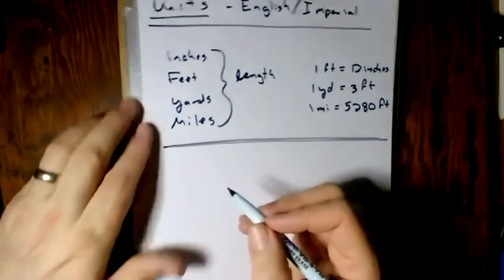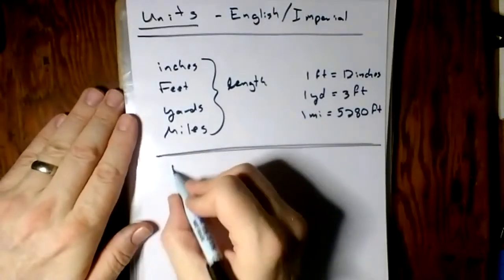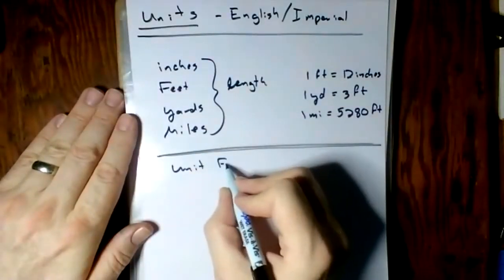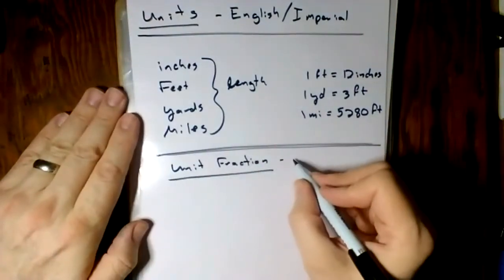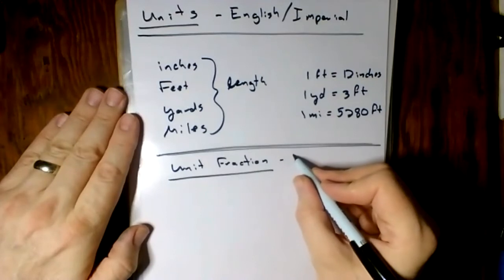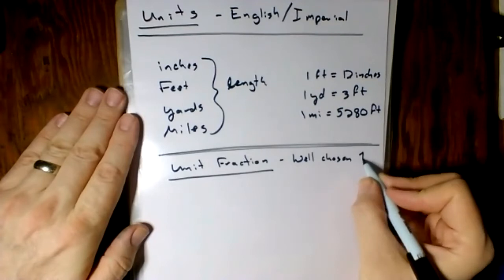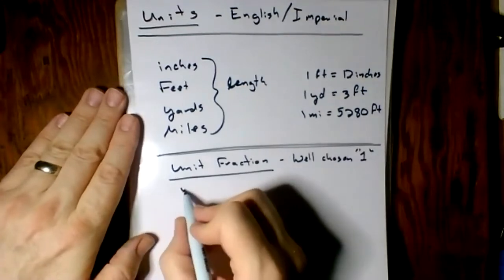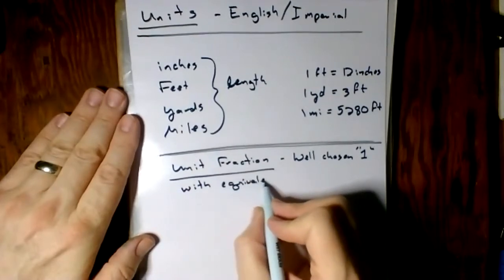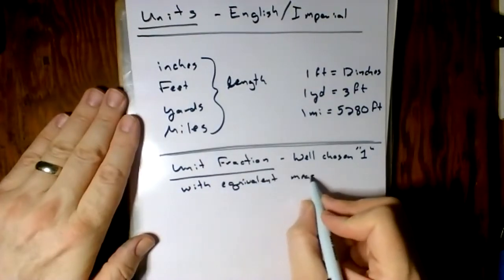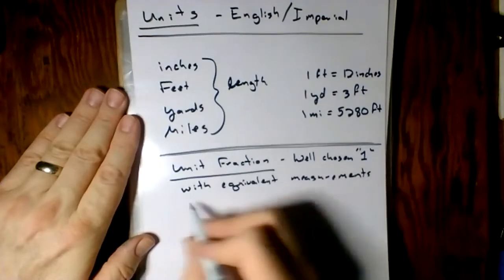And one of the first and most reliable ways of converting units is using what we call a unit fraction. A unit fraction is just a well-chosen one, with equivalent measurements on the top and bottom.